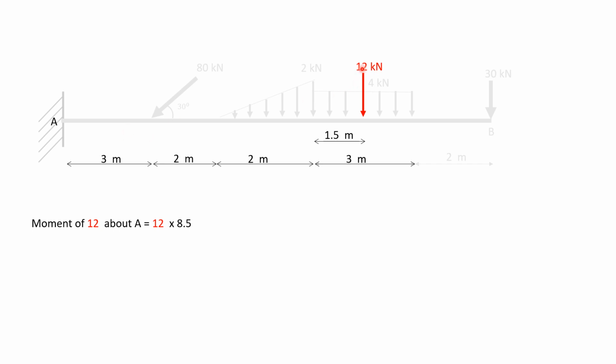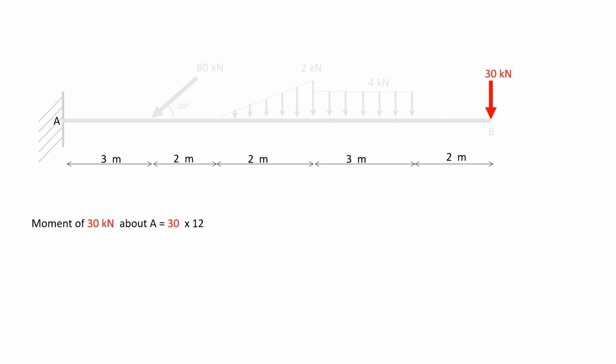This 12 kilonewton force will pass through line of action of force like this and it will have perpendicular distance about point A of 3 plus 2 plus 2 plus 1.5, 8.5 meters from point A, and it will rotate about point A clockwise, and it will have magnitude of moment of 12 into 8.5.